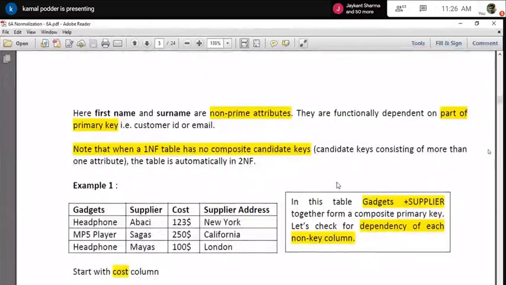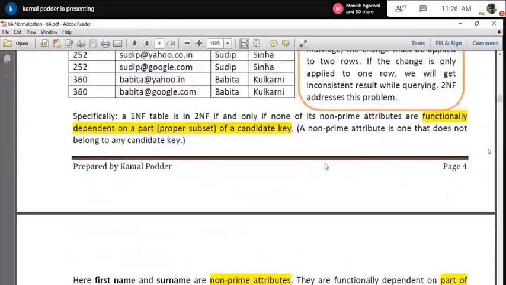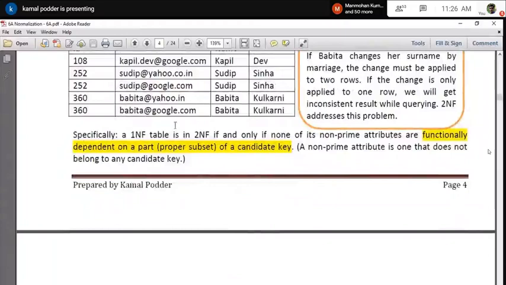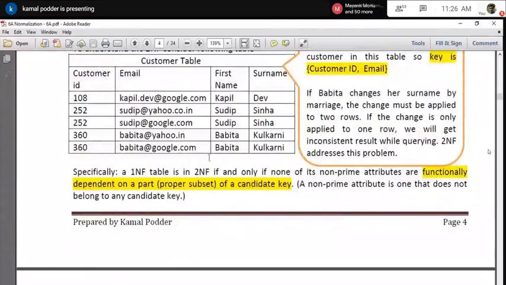So note that when the first normal form table has no composite primary key or candidate key, why can this type of problem occur? Because in my table, after achieving the first normal form, I got a primary key which is a composite key. If there is no composite key at all, then automatically it is in the second normal form. So if after achieving the first normal form the table contains a composite key, then you have to think about whether this type of problem can occur or not.